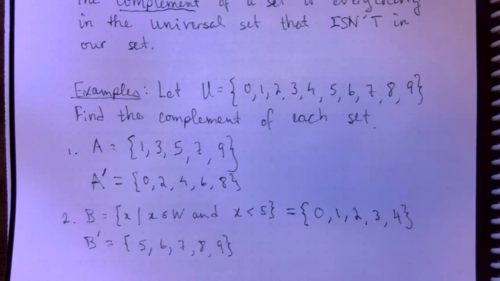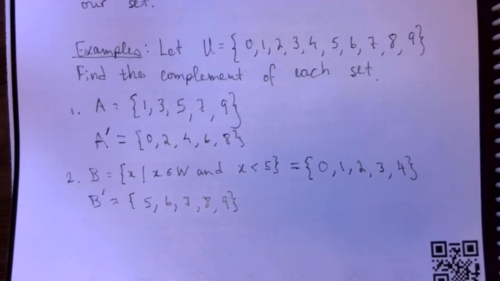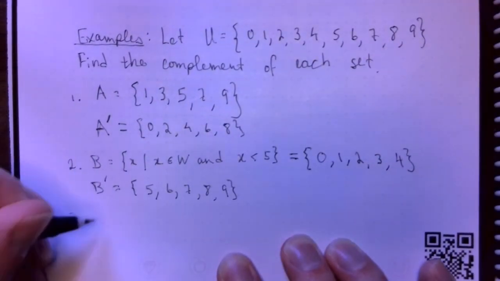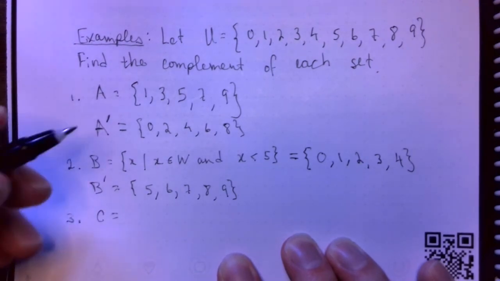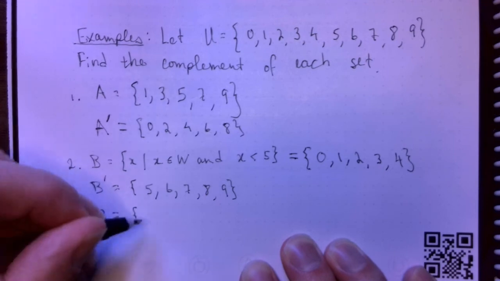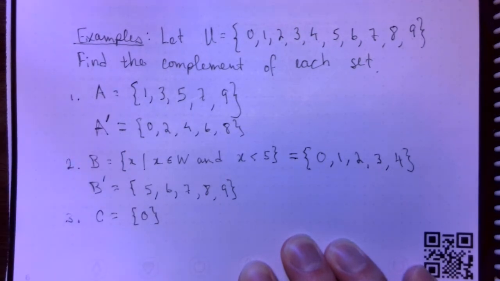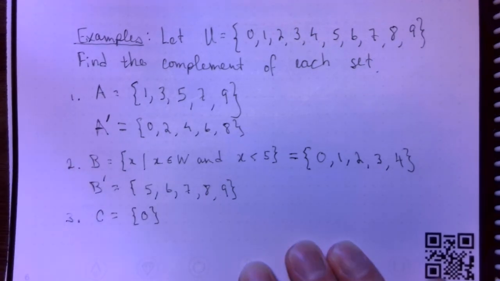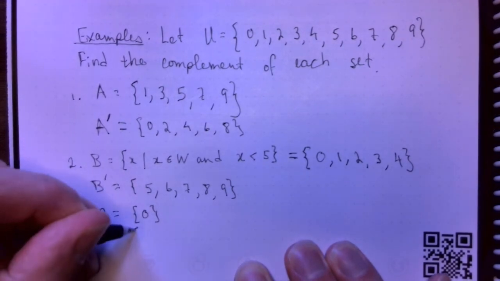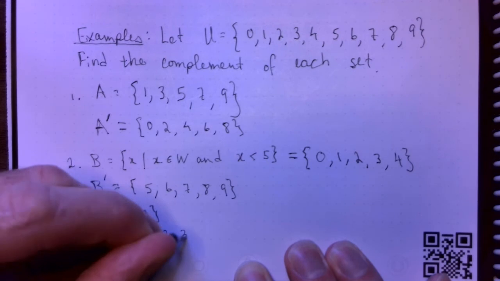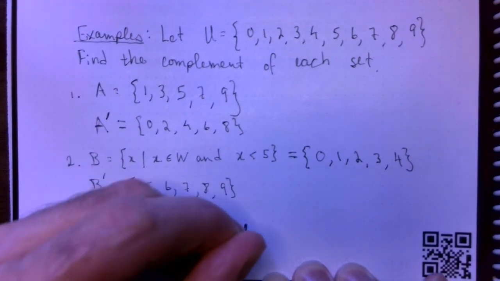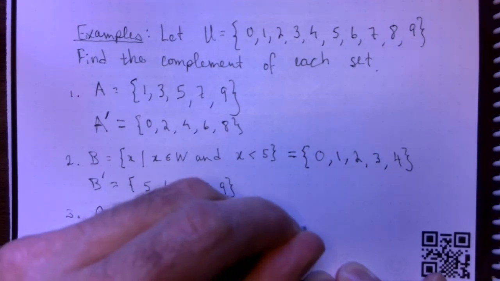Let me throw one or two more examples here. Let me take this set right here, the set C. Let's just say C is the set that contains only one element, 0. C complement would be 1, 2, 3, 4, 5, 6, 7, 8, 9.